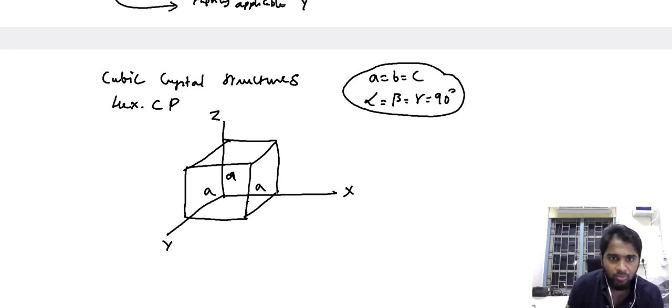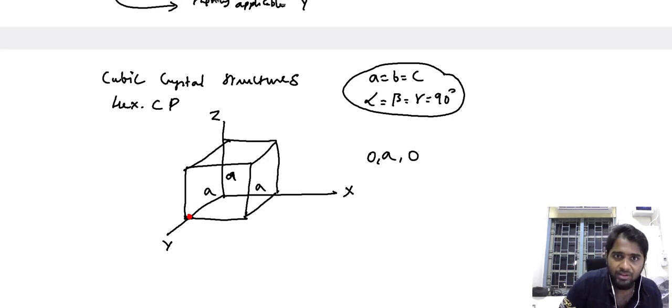Now when I want to describe this point here, it lies along the y-axis, and the magnitude along the y-axis is represented by A. There are no x and z contributions, so this point is represented by 0, A, 0.